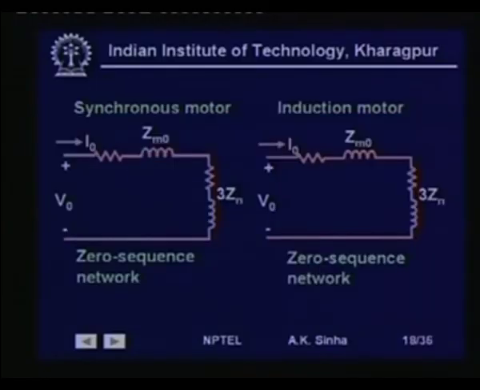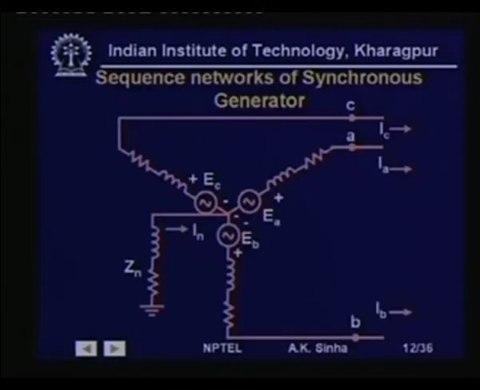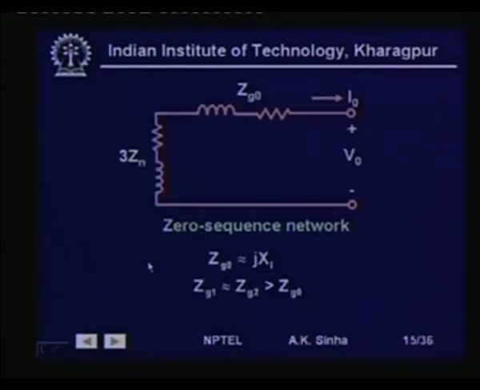If you remember here, if this was not connected, that is, the neutral was ungrounded, then in that case you will find that this ZG0 is basically having this 3Zn also, and this 3Zn when it is open is infinite.